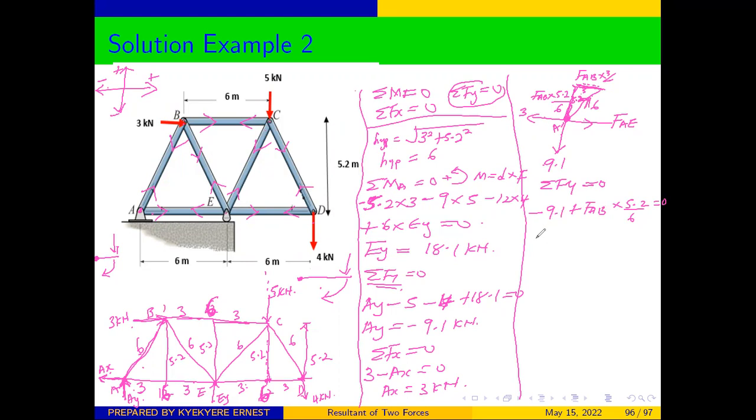From there, we can make FAB the subject. FAB will be equal to 9.1 over 0.866, and this will be equal to 10.5 kilonewtons.